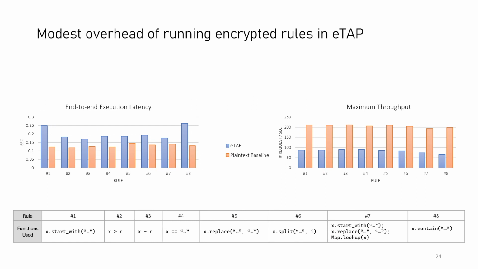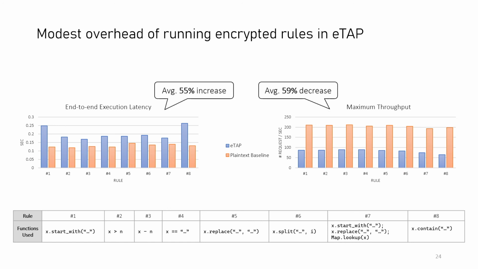For evaluation, we select 8 representative rules that cover all the common functions mentioned before, and found that our system on average has 55% increase in end-to-end execution latency and 59% decrease in maximum throughput.